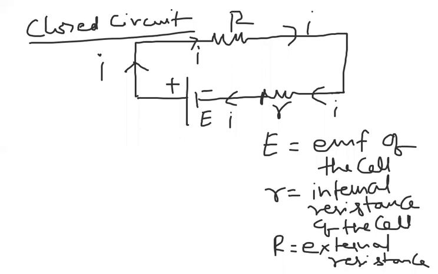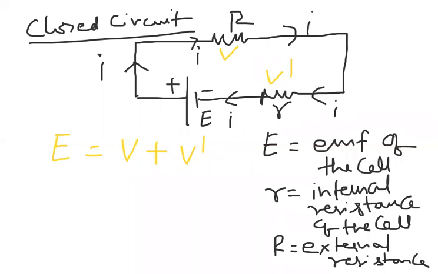Now let us observe here. Let us take V as the potential difference across the external resistance, and V dash as the potential difference across the internal resistance. Now, what is EMF? EMF is nothing but V plus V dash.